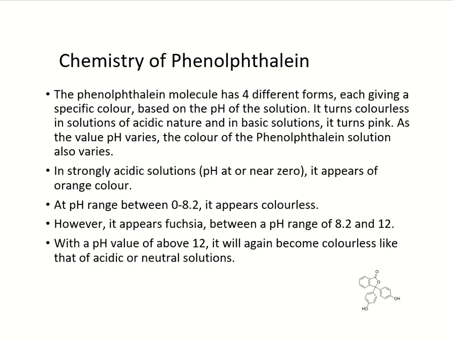At a pH range between 0 and 8.2, it appears colorless. However, within the pH range of 8.2 to 12, it appears fuchsia. Above 12, it will again become colorless.